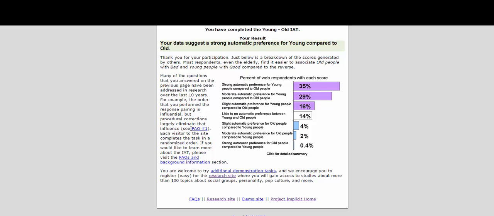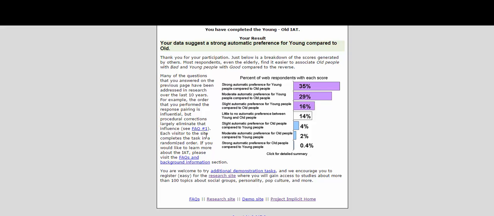So notice that I say in my essay that the subgroups are young versus old, as well as good versus bad, but that's how they get the preference. In other words, they use those subcategories, young versus old, good versus bad, to develop an understanding based on how I take the test, how quickly I take the test, and based on my mistakes as I take the test, to determine whether I have a slight or strong preference for one or the other age category.